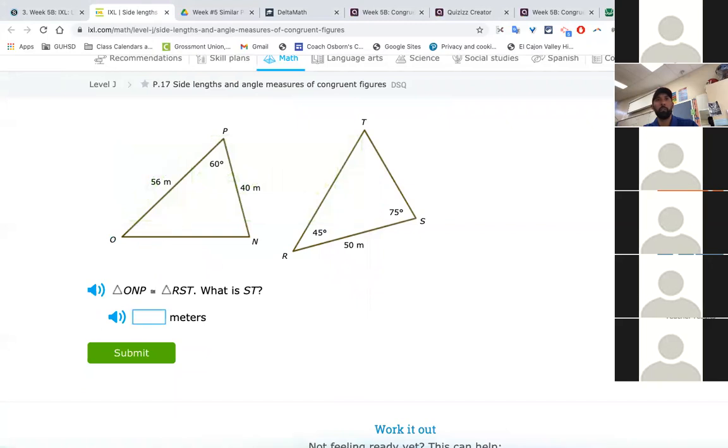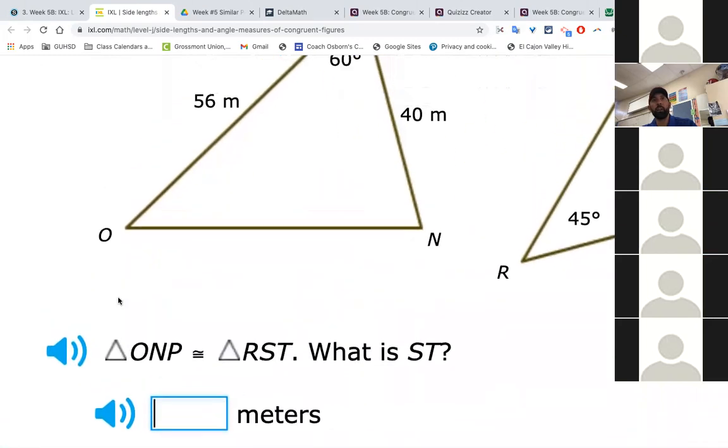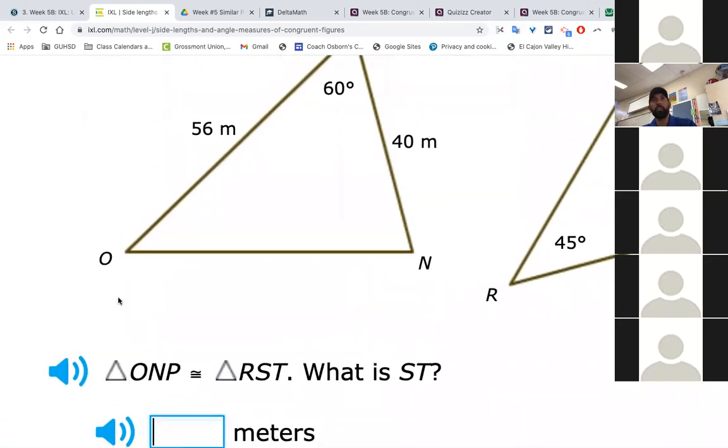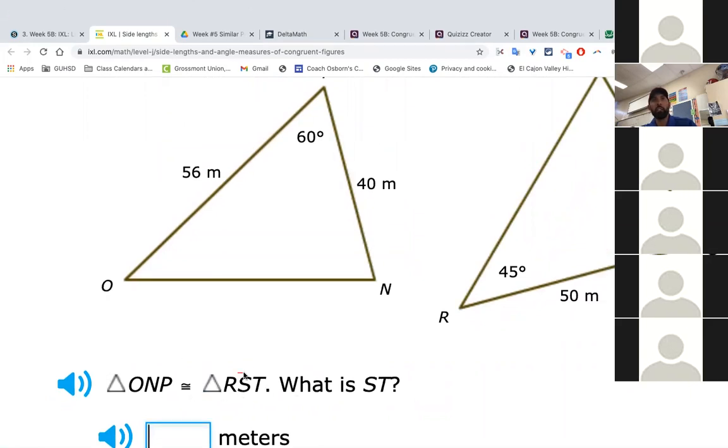Clear that away. All right, so it says, this triangle ONP is congruent to RST. What is RST? Let's go back to what we did in the notes, using the statement to figure out that missing side ST. Here we're looking for ST, which is the last two letters in the statement.